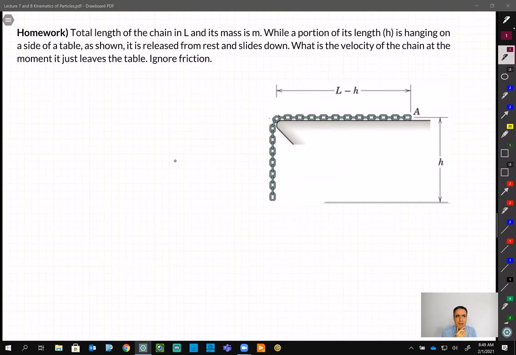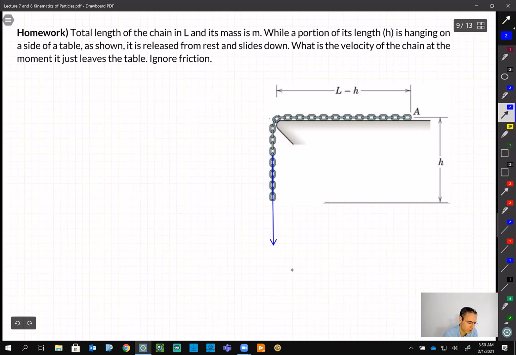So let's say what we have on a table, we put a chain, and a portion of this chain is hanging. And maybe this portion that is hanging is heavy, and then everything slides down because we don't have any friction. So we want to know the velocity of this chain at the moment that it leaves the table, right? When it leaves the table, the whole chain is going to be in a vertical position.